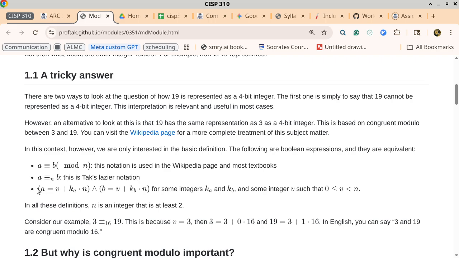Are we good? Okay. So now we are going to work out an example, okay? So the example that I have included is 3 and 19. So let's go ahead and check out some of the other examples. And right away, I'm going to start with something that is in the later part of the module, but I'm going to talk about it now.